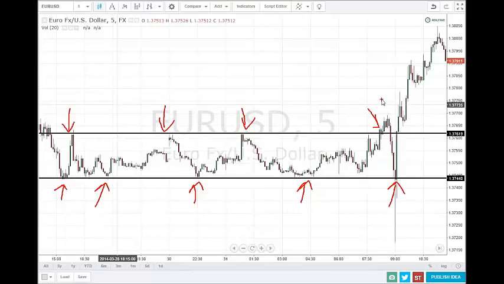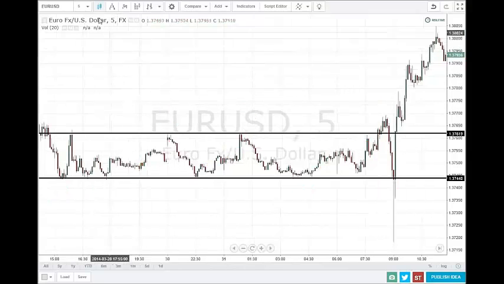And you'll see it's not until the start of the London session, which is round about here, that price actually comes out of this range. So it's very likely we could have made double profits on all of these calls and puts using the hedging strategy. Let's look at a longer term time frame.